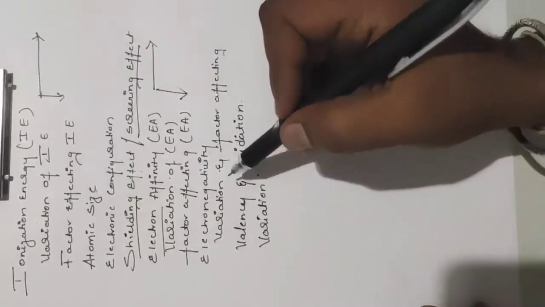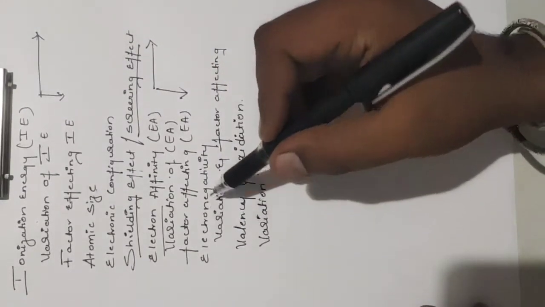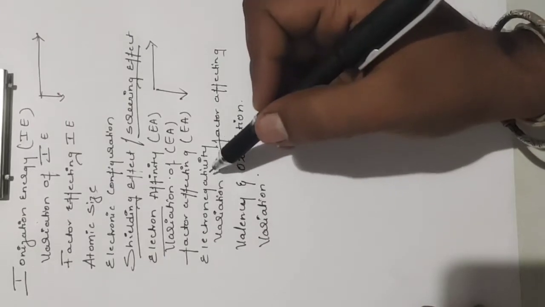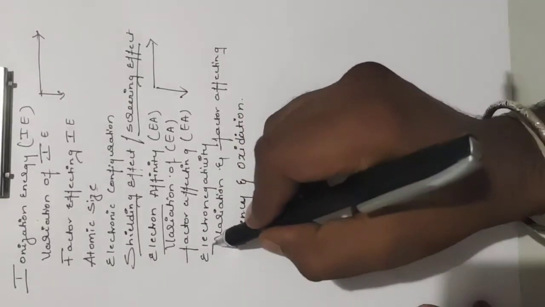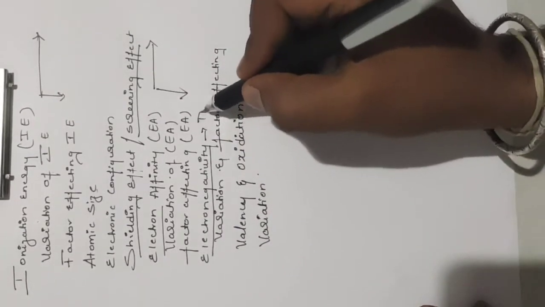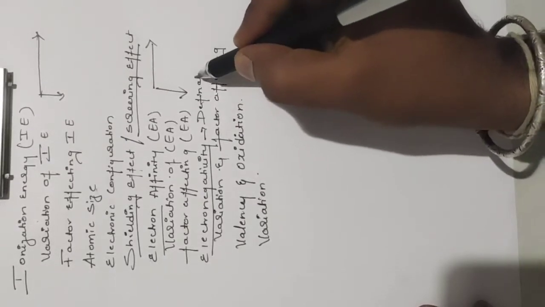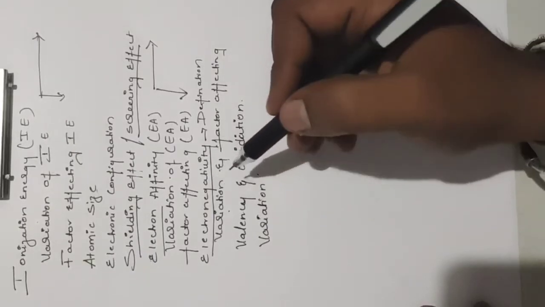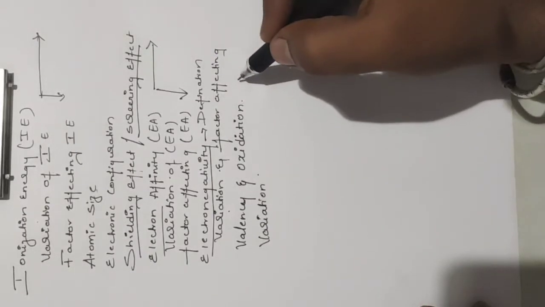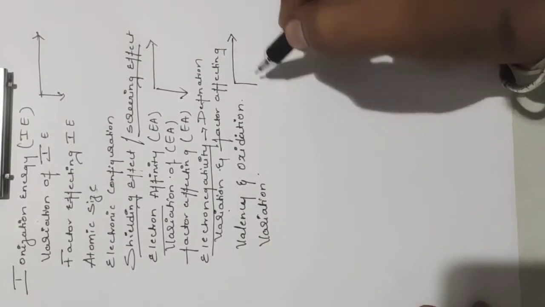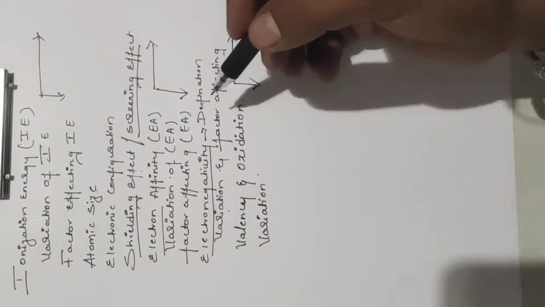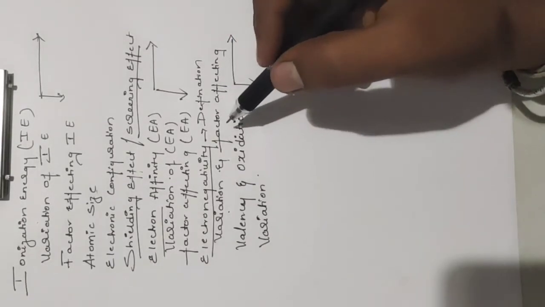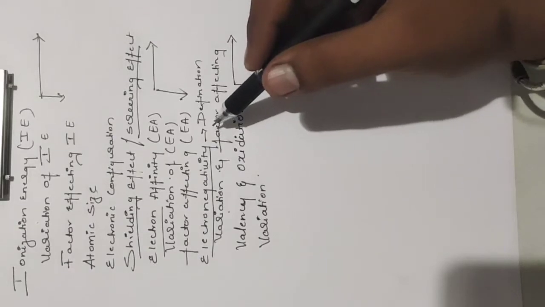And lastly, electronegativity: its definition, its variations in groups and periods, and which factors affect electronegativity, we are going to discuss in this video.